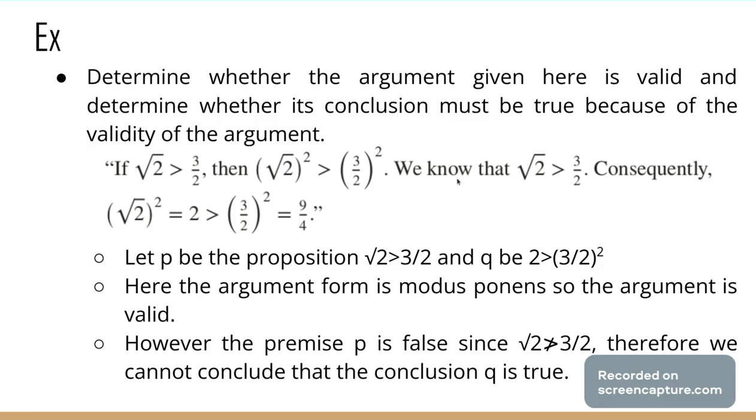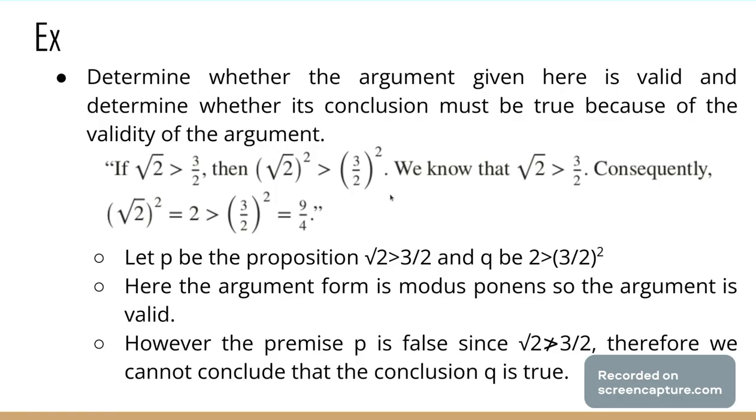P implies Q here is true, but P is false. So this is not of the form modus ponens, and that is why we cannot conclude that Q is true.